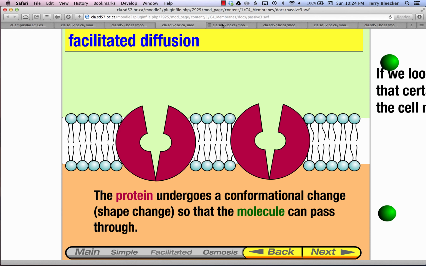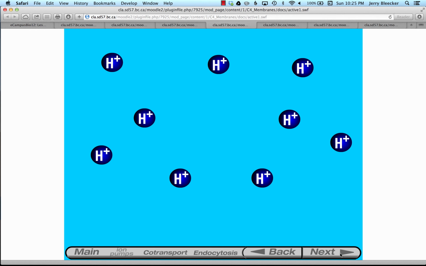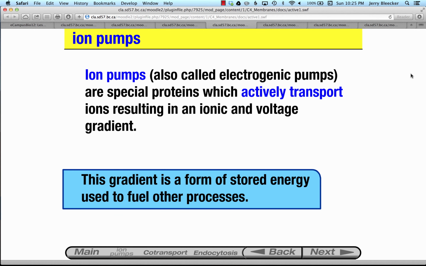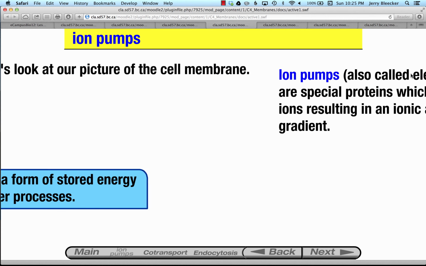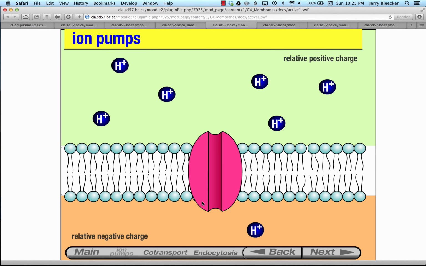If you look at an ion pump, sometimes the cell needs to pump ions in or out of the cell. And that's an active transport process. Now, it can get a little bit complicated here, but if you want to pump ions in, let's say that we have a little protein here, we can use a little bit of ATP, and we can pump hydrogen ions from a low to a high concentration. Now, if you watch this, that's not diffusion.